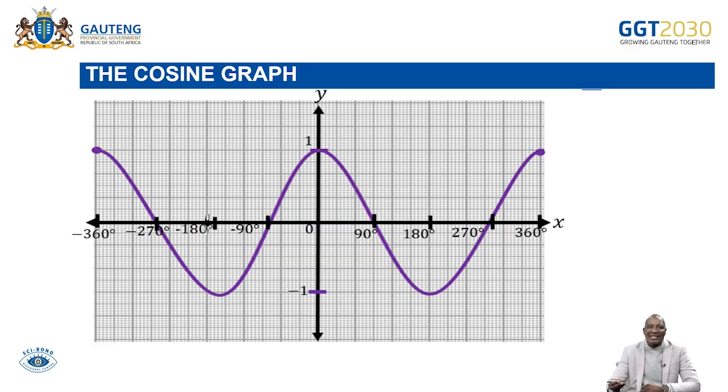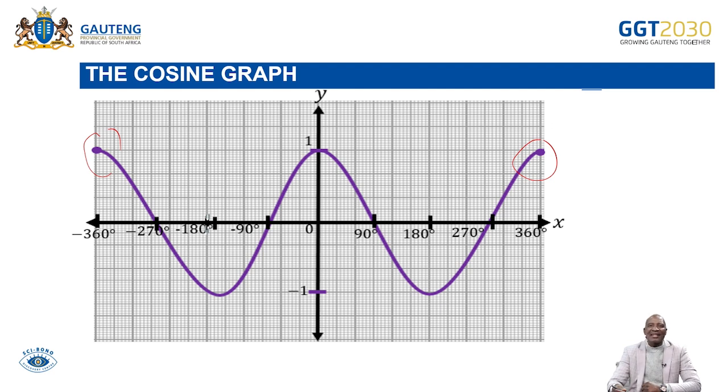It was 0 at 360 and 0 at negative 360. This time around, at negative 360, the graph is suspended there. It's also suspended here.